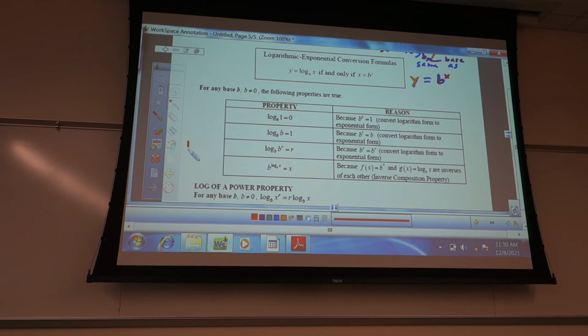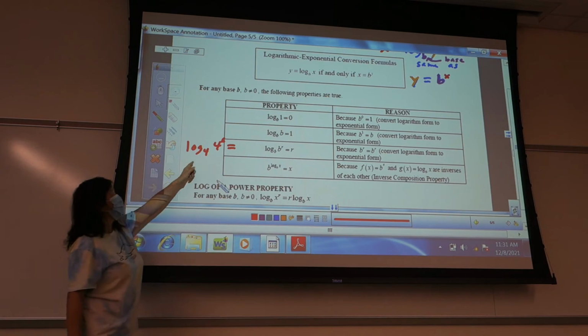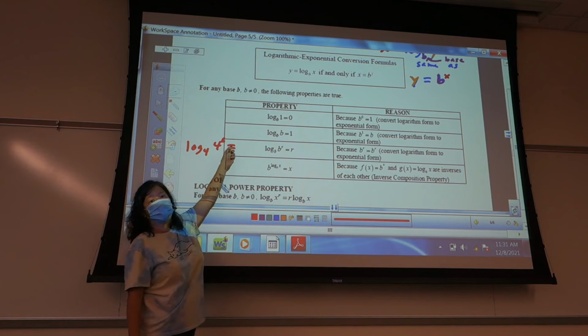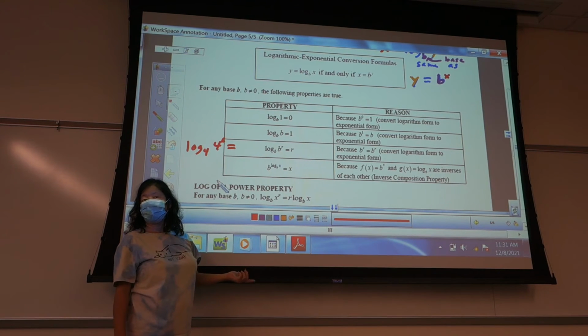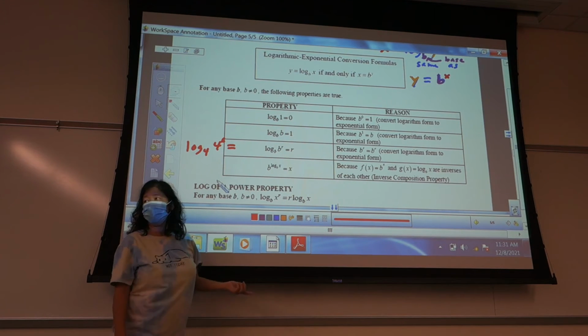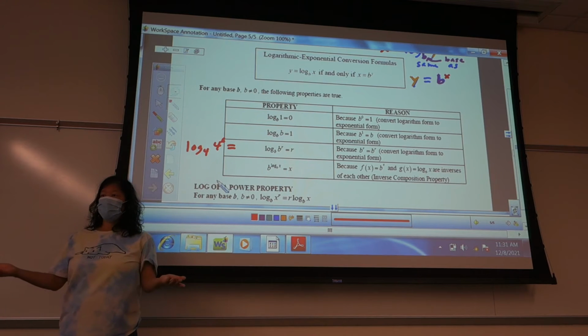If you had log 4 of the 4 to the 6th, that would have to equal what? So 4 to the what power gives me 4 to the 6th? 6. Does that make sense for folks?